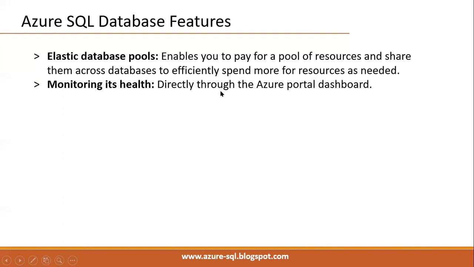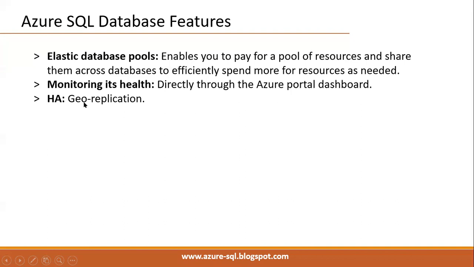Monitoring its health, we can monitor directly through the portal, or we can use our DMVs to monitor the health of the database. High availability features are there here: geo-replication. We already know geo-replication is almost similar to Always On, maintaining a complete copy of the database in another instance in a different location, a different region.